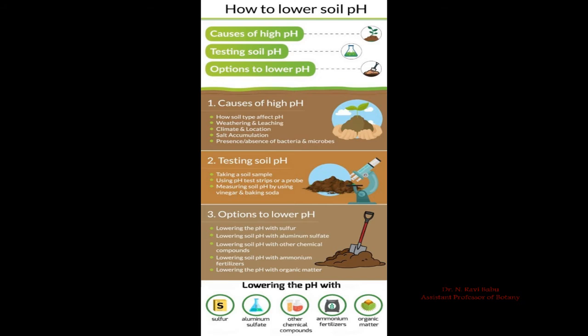In order to lower the alkalinity of the soil, the pH of alkaline soils can be lowered by adding aluminum sulfate, iron sulfate, sulfur urea, urea phosphate, ammonium nitrate, ammonium phosphates, ammonium sulfate, and of course monopotassium phosphate.